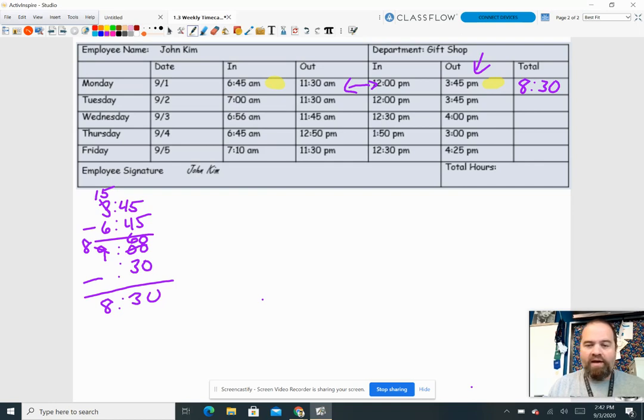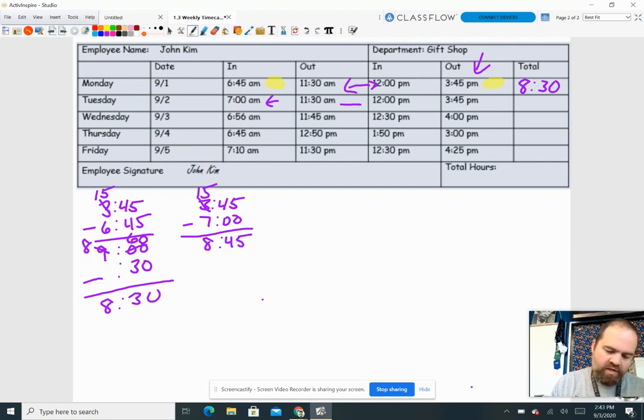You take their afternoon time, the time they clocked out to go home. So for Tuesday, he clocked out at 3:45, and I'm going to subtract off his starting time of 7 o'clock. I'm going to run into a lot of the same issues that I just had. I can't subtract 7 from 3, so I increase my hours by 12, so that bumps it up to 15. 8 hours, 45 minutes.